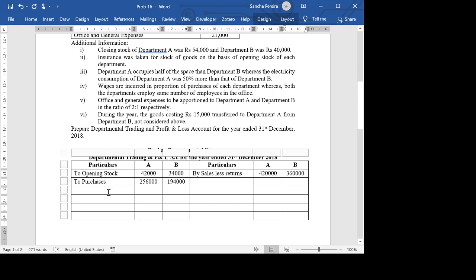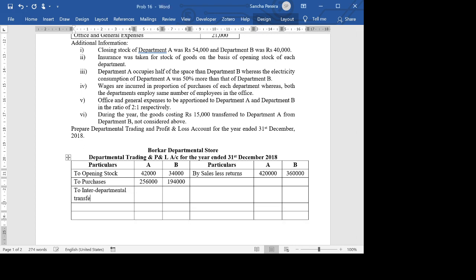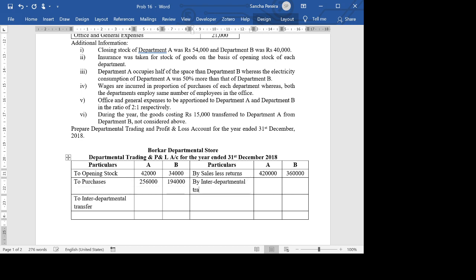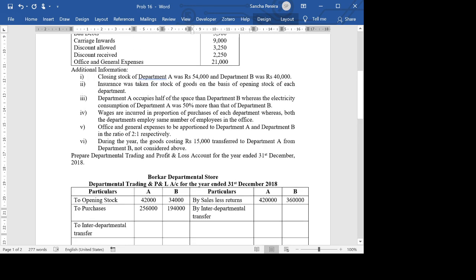This is an interdepartmental transfer, and we need to see who's transferring to whom.